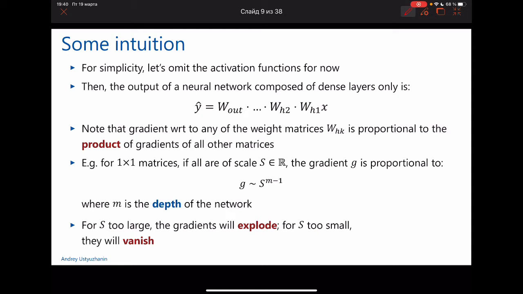And as I said, if this characteristic mean value is too large, the gradients will explode. Otherwise, if it's too small, the gradients will vanish, and in both cases the optimization procedure will not converge successfully.